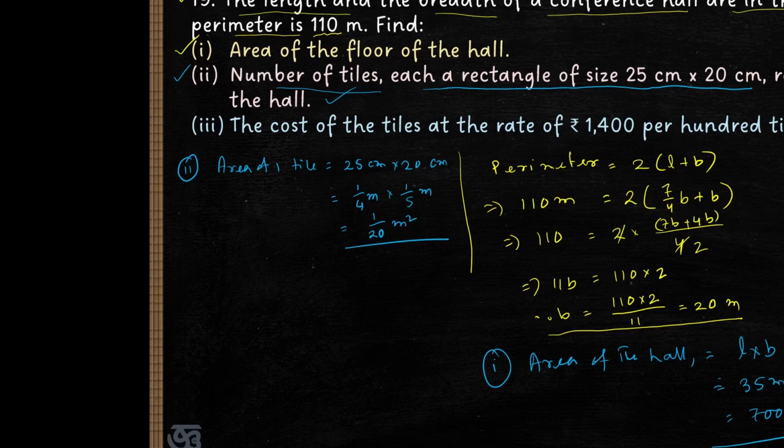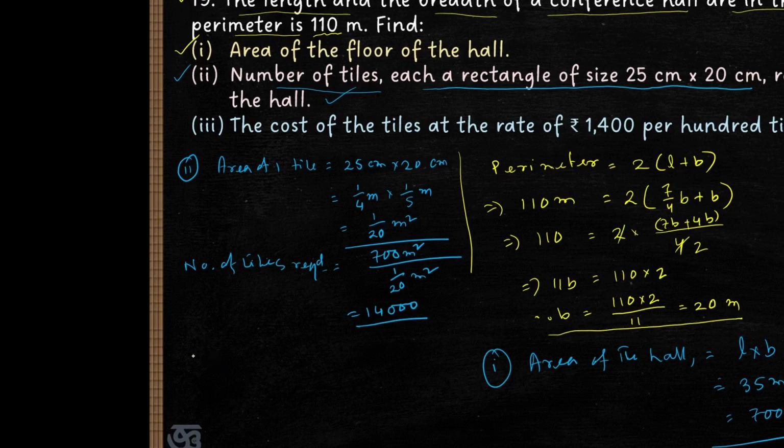This is the area of one tile. Now the number of tiles required is equal to the total area of the floor, that is 700 square meters, divided by 1/20 square meter, and that is equal to 14,000 tiles required for tiling the floor.